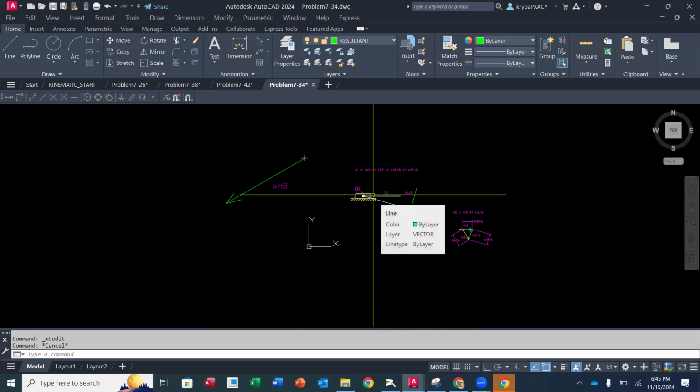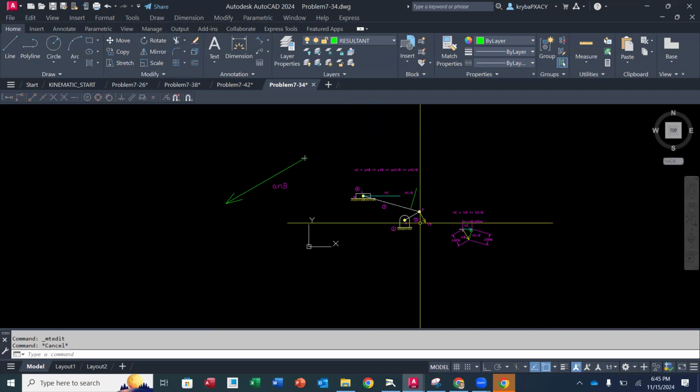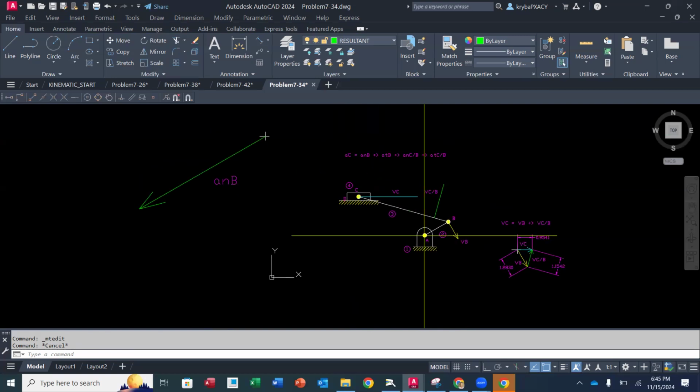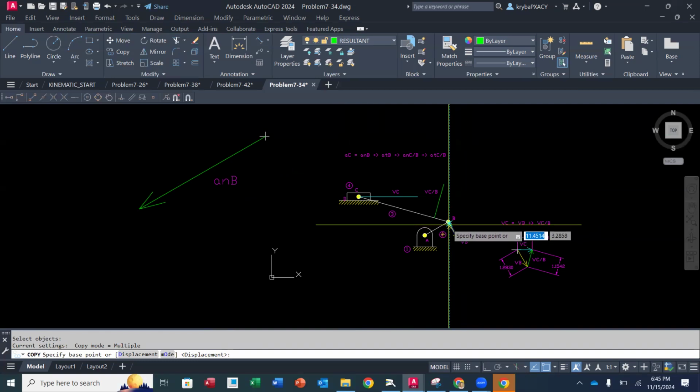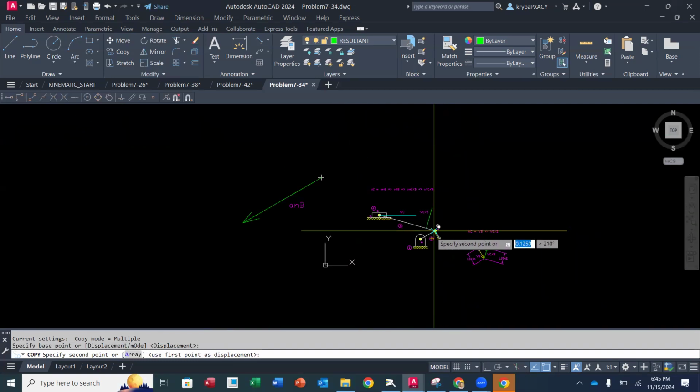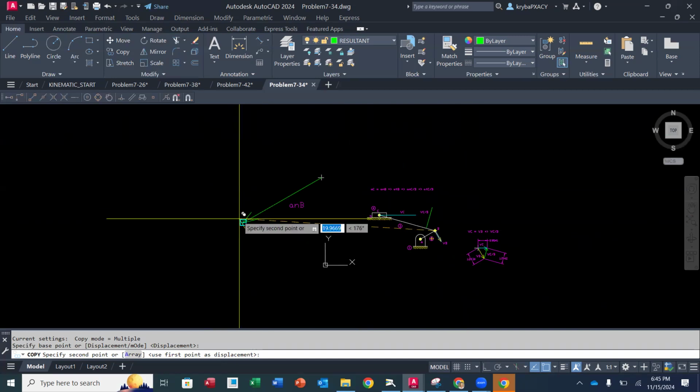Now on the end point of that, I am going to add the line of action for the tangential. I know magnitude and it's going to be perpendicular to this. So I am going to grab the line of action of the velocity at B, and I'm going to put that on the endpoint.